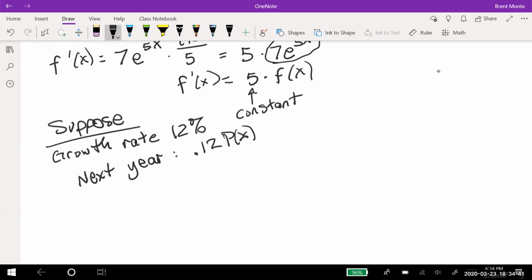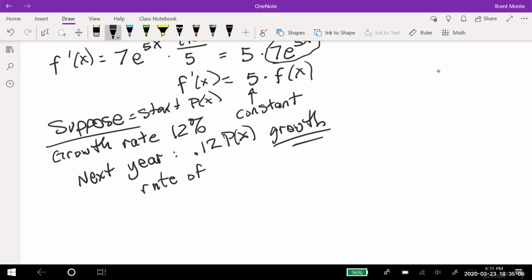Well, so let's say this. We start with P of X. If we start at P of X and we grow by 12%, that 0.12 P of X is our total growth. Think about where I'm going here.